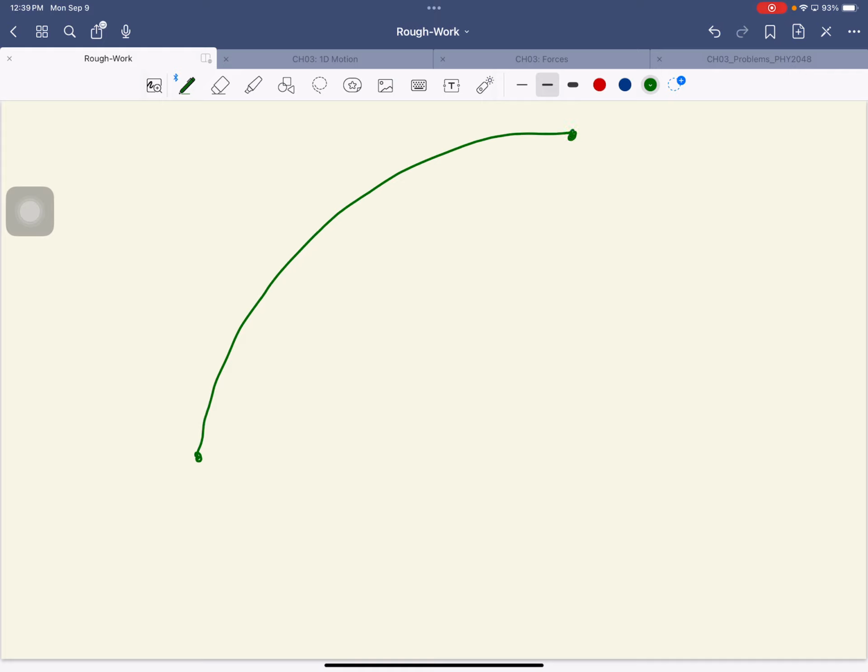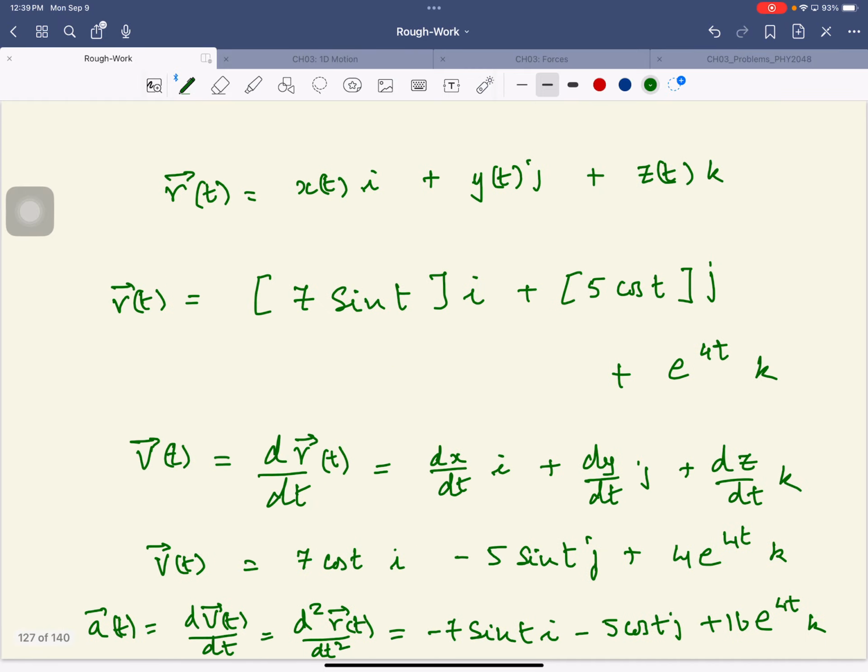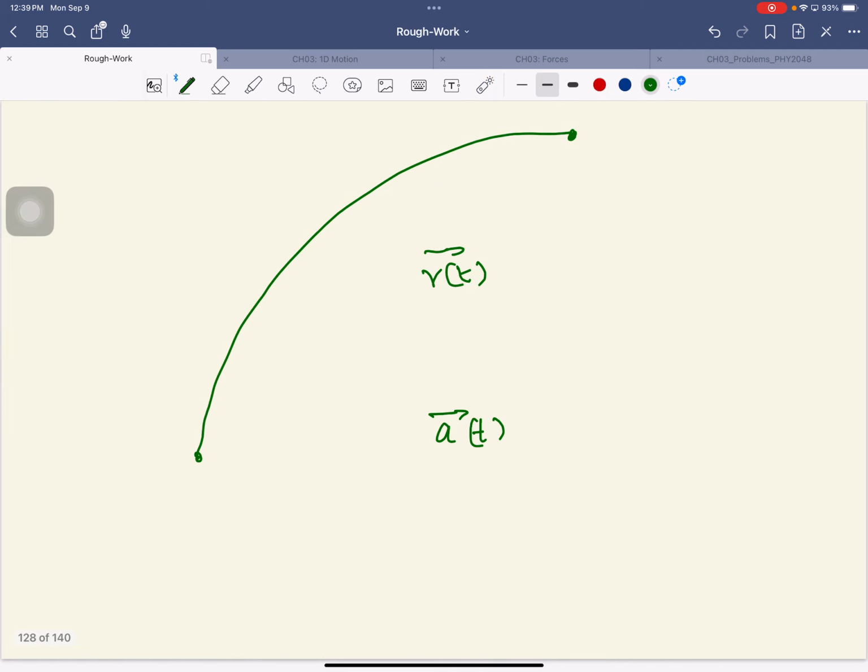So you want to go in a rocket from here to there. This is what you want. To get this, this is what you need. Did you guys understand this? If you want this trajectory, you have to have an acceleration as a function of time like that. And this is the force you'll have to apply.